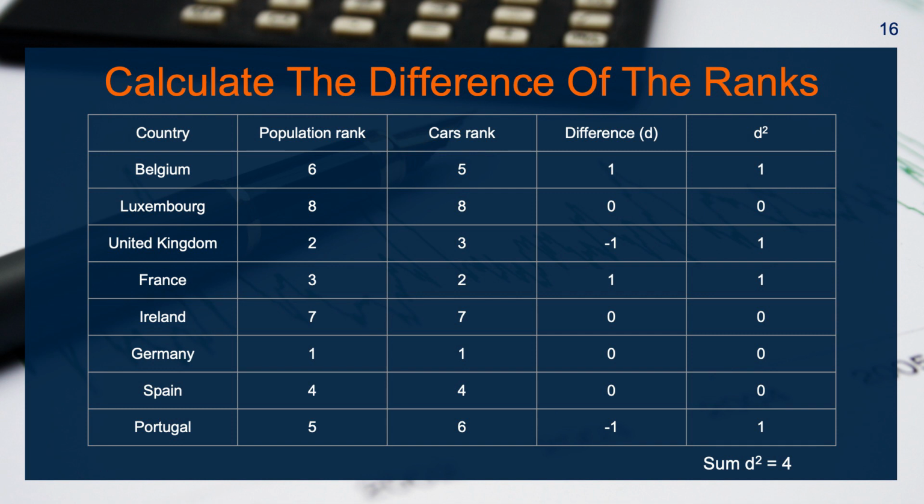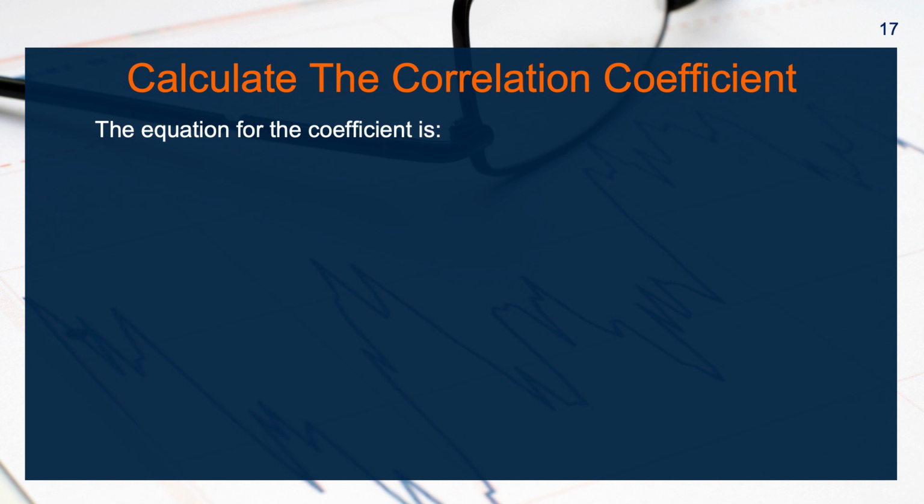We then calculate the difference of the ranks. So that's basically just taking one value from the other. And that value is then squared. The purpose of doing that at this point in the analysis is basically to make all of the values positive. We then calculate the correlation coefficient. And the equation for the coefficient is given by this equation here.